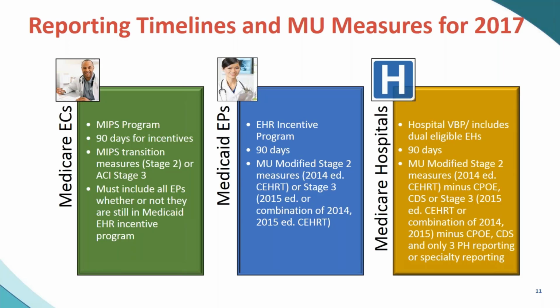The first bucket on the right, the hospital is still going to be required not only for their own internal reporting for the IQR program, but also for ACO. Every hospital who's part of an ACO is required to report meaningful use to participate in the ACO program, as well as any other additional hospital reporting program.